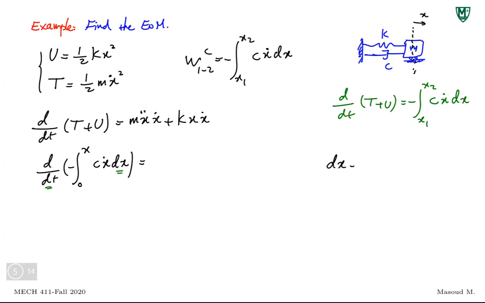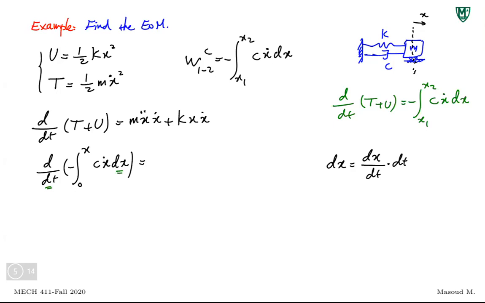I again use the chain rule. I can rewrite dx as dx/dt times dt.